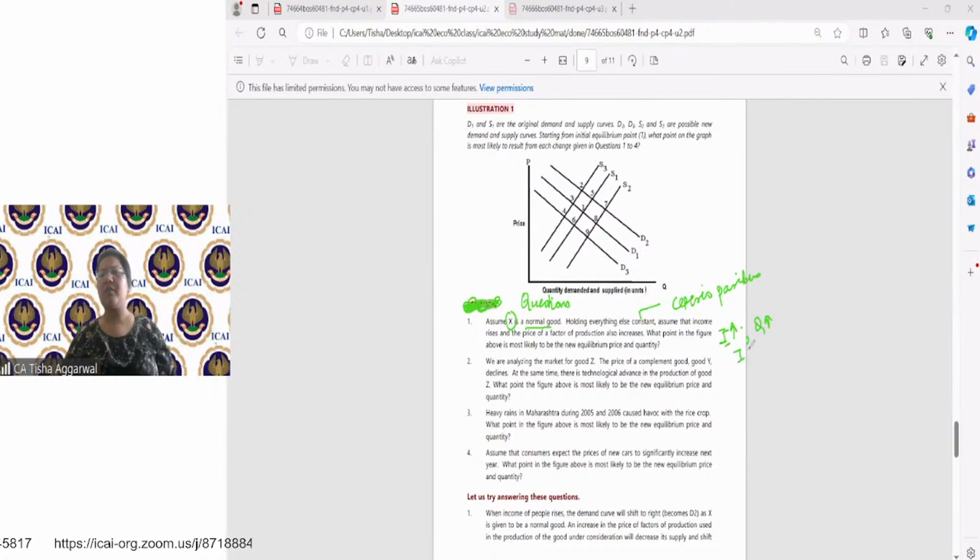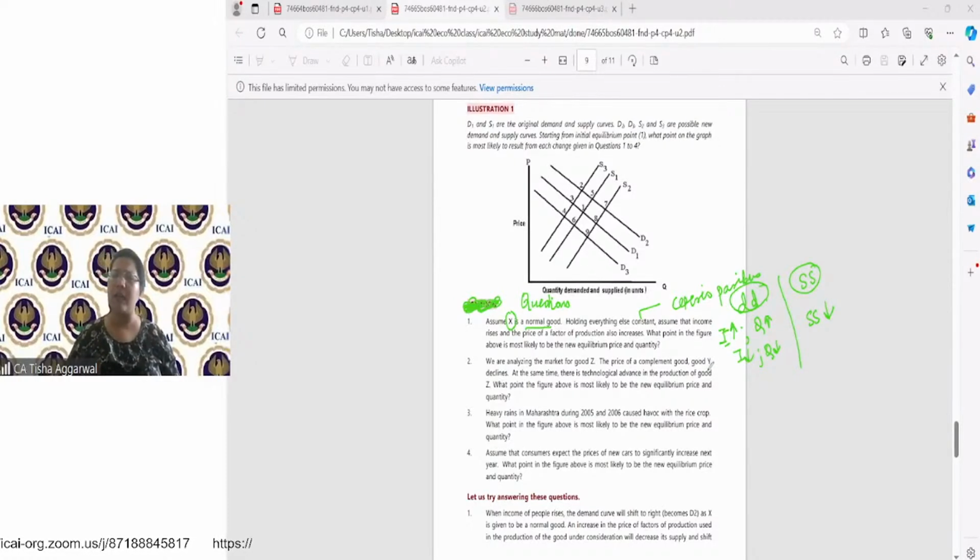If the income reduces, the quantity also reduces. Holding everything else constant, assume that income rises and the price of factor of production also increases. So they have talked about the demand point, and they are talking about the supply also. In supply, if the price of factor of production increases, supply reduces. What point in the figure is likely to be achieved as the new equilibrium?